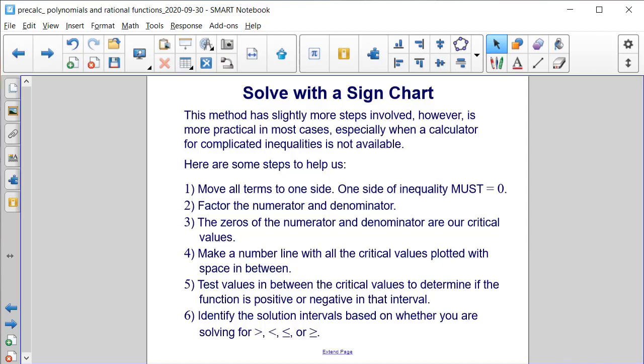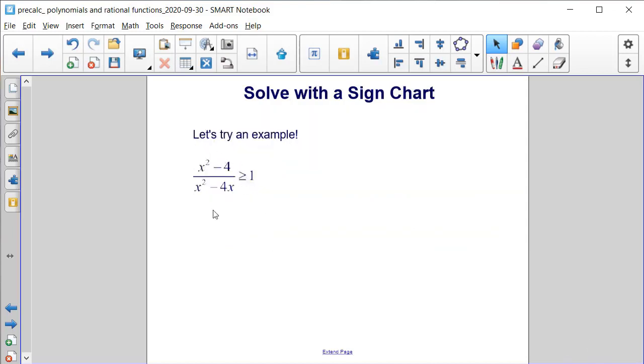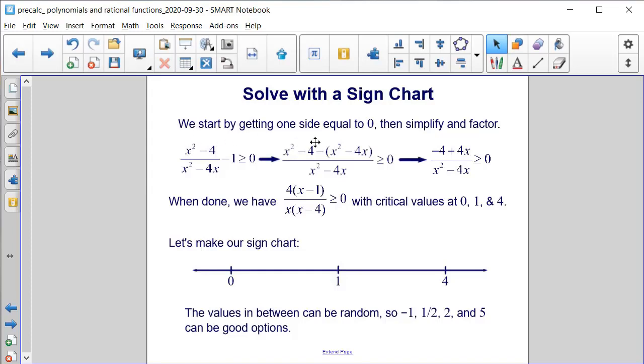Let's try an example. Our example is this function: x squared minus 4 over x squared minus 4x is greater than or equal to 1. We're going to start our example by getting one side equal to 0.